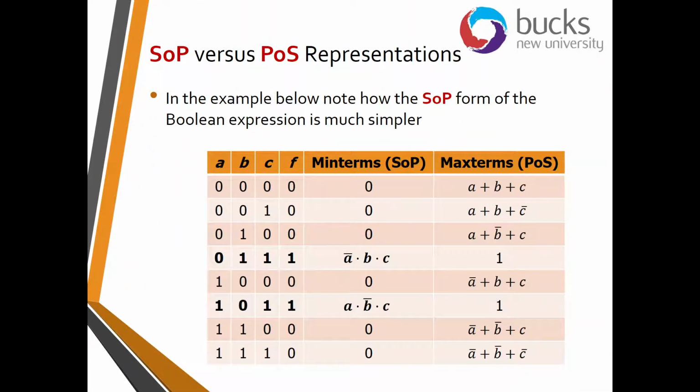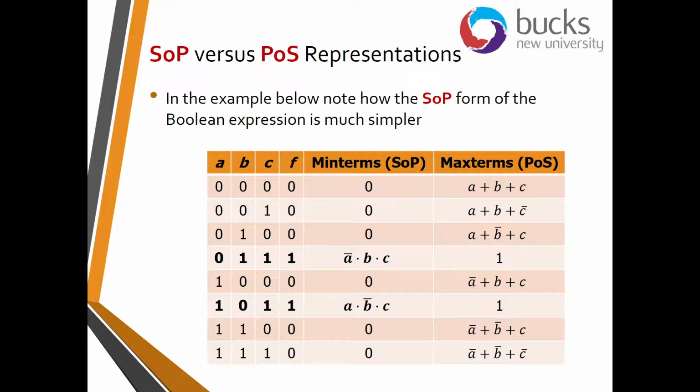So in this example below, note how the SOP form of the Boolean expression is essentially simpler. This is what I meant by having 6 of one and 2 of the other. In this case, we've got 2 outputs out of 8 which are 1s. When we're looking for the 1 outputs, building it using sum of products is ideal.